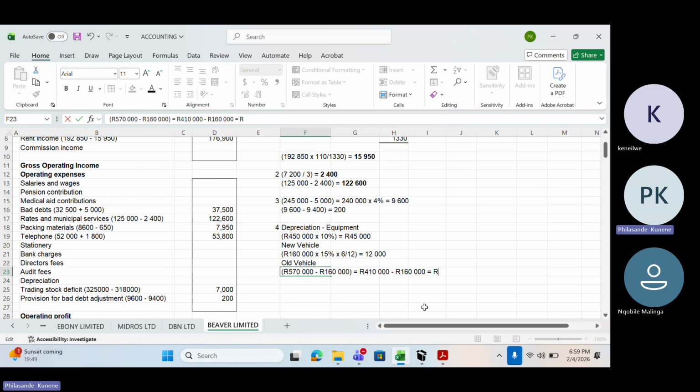Then you multiply it by 15%. How much are we getting? 37,500 rands. So this is the depreciation for the old vehicle.